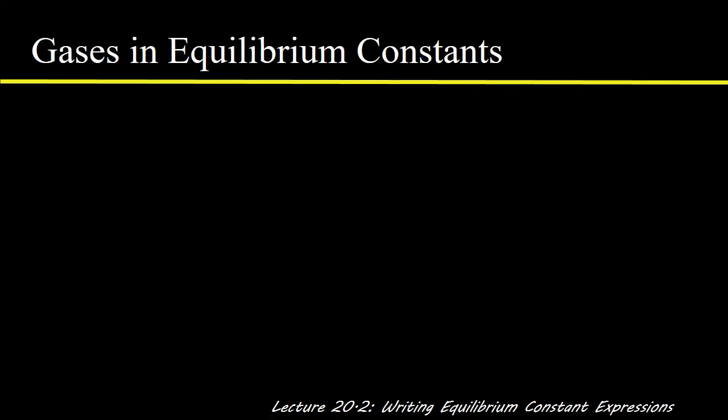All right. So now let's look at gases. And again, I'm going to go back to the fact that technically what you put into the equilibrium constants are activities, and activity of species X for gases is the partial pressure of X divided by the partial pressure of X in its standard state.